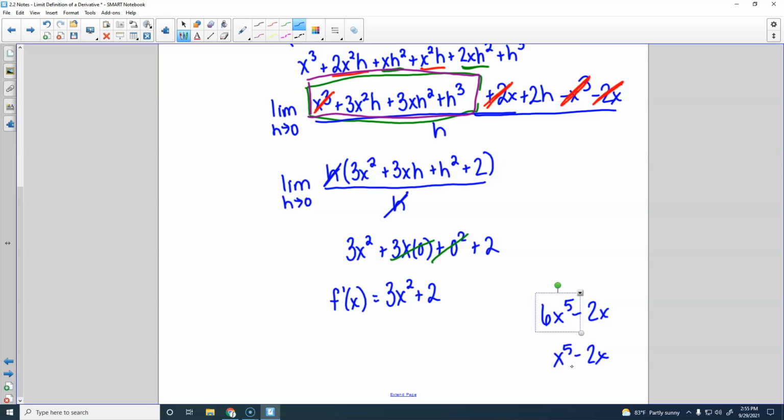Yeah. Is it like a pattern? There is a pattern. You do have to know how to do this limit definition of the derivative way, but you're getting there. Eventually you'll be able to do all of them with shortcuts. You have to know the limit definition of the derivative. They put these questions on the test.